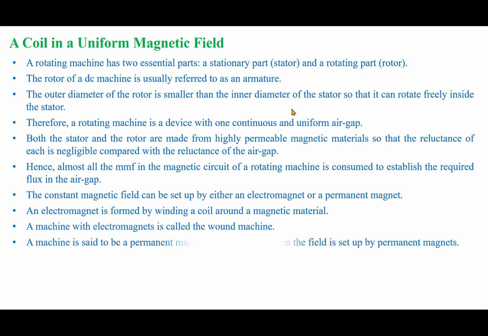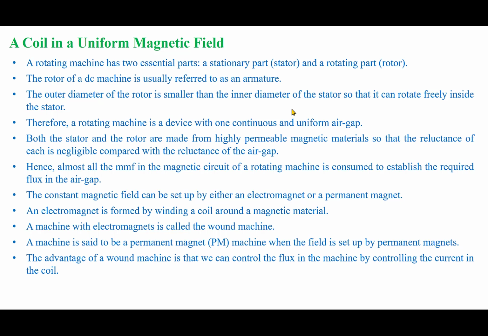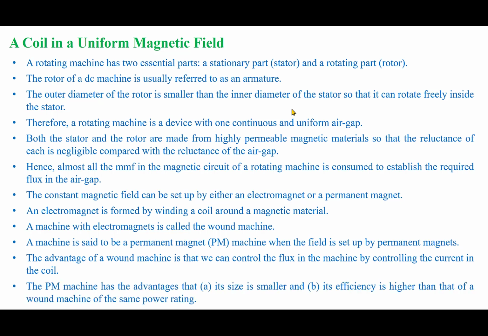So then a machine is said to be permanent magnet machine when the field is set up by the permanent magnet, and the advantage already we discussed yesterday. And generally the permanent magnet machines are smaller in size, and also the efficiency is more. Why the efficiency is more for permanent magnet?